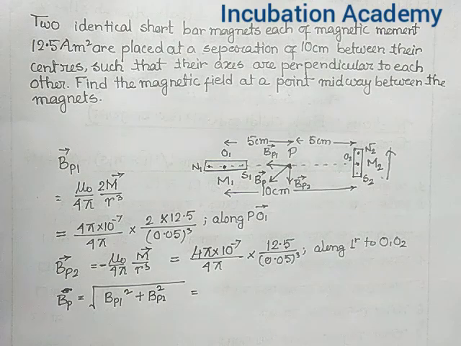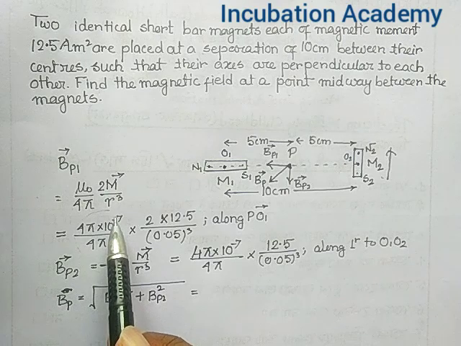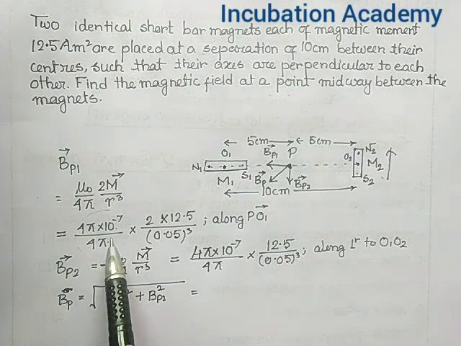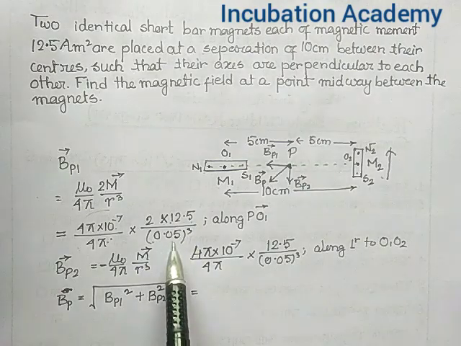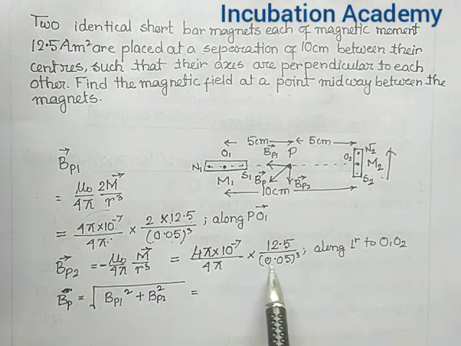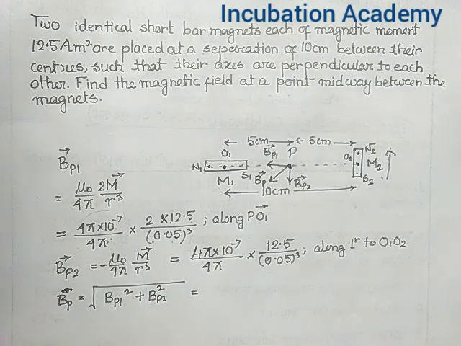If you try to understand the similarity between these two, 4 pi into 10 to the power minus 7 divided by 4 pi, that is mu naught by 4 pi, is here and also here. 12.5 divided by 0.05 cube is also there in both, but here is 2, here is not. That is the relation: the end-on position magnetic field is twice that of the broadside-on position.